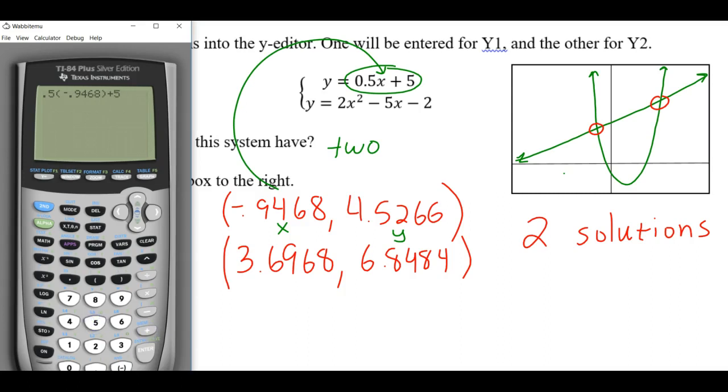I'm just typing in the right side of that top equation, and I plug in the x value. Now when I hit enter, what do you think is going to happen? It's going to be the y value, 4.5266.